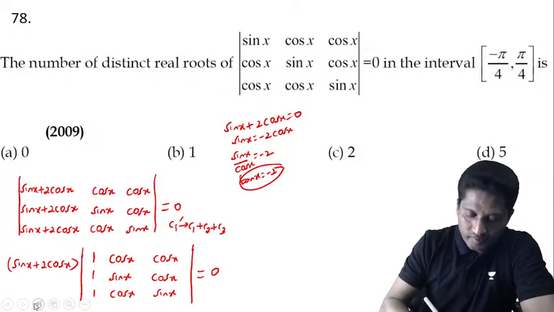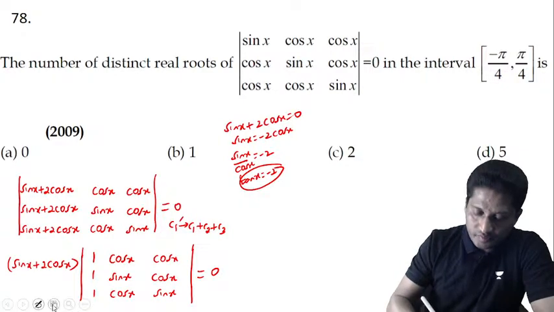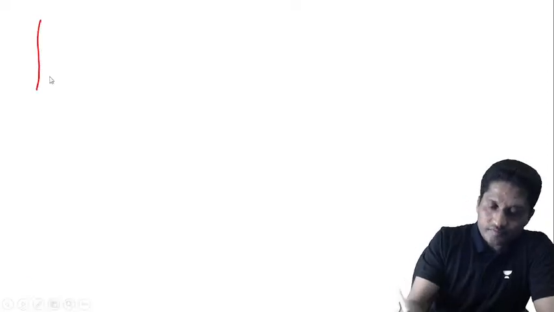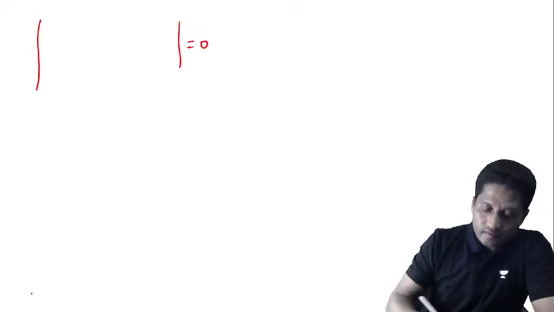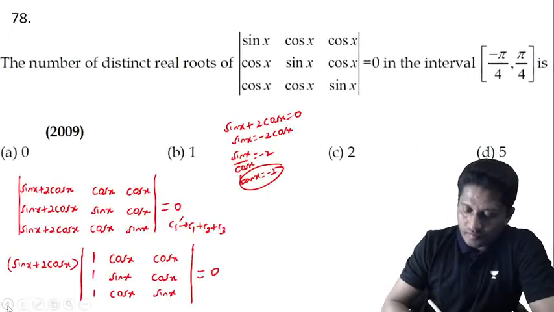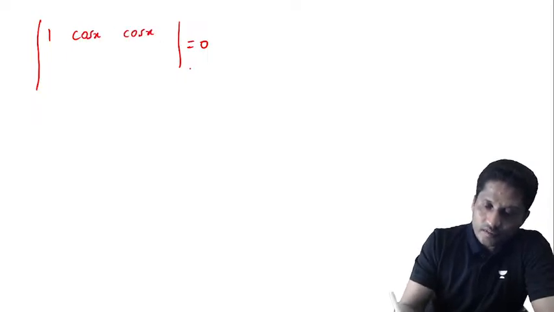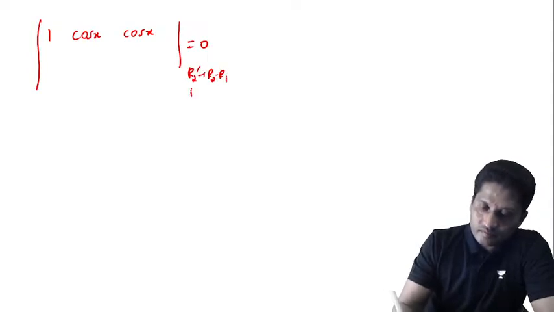Now this is equal to the determinant of, if I change R2 to R2 minus R1, first row is 1, cos x, cos x. Change R2 to R2 minus R1 and change R3 to R3 minus R1.